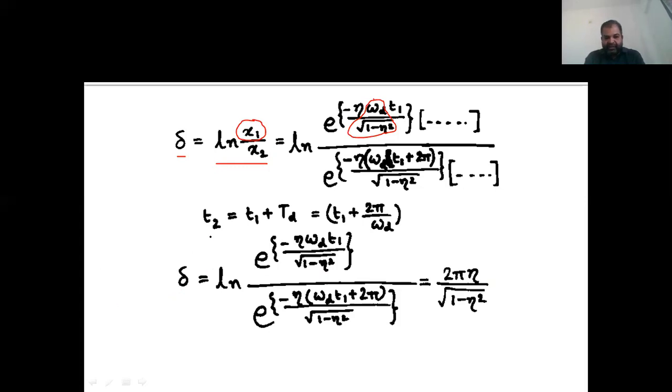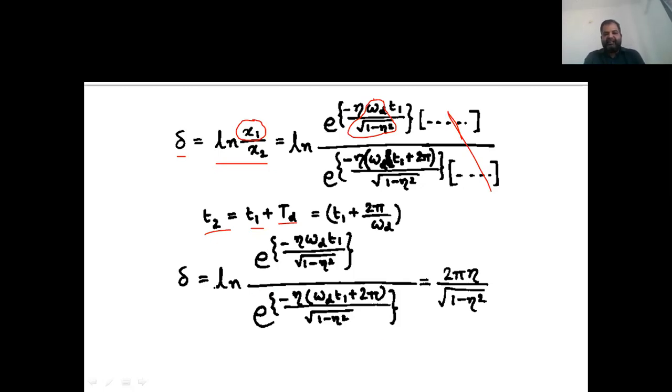So we have written here t2 is equal to t1 plus td, t1 plus 2 pi by omega d. Now, this harmonic function a cos omega dt plus b sin omega dt is almost equal in both terms because it is a decreasing harmonic function, so this will not be the governing function. I can cancel it out.